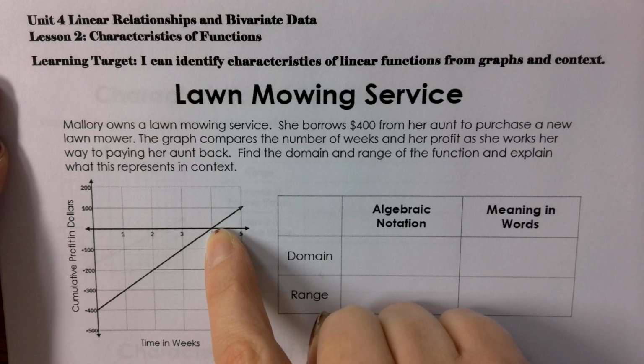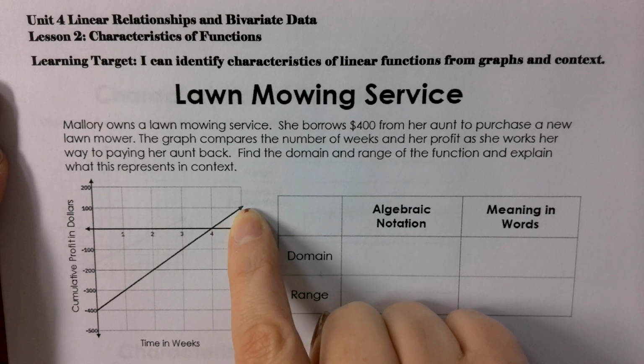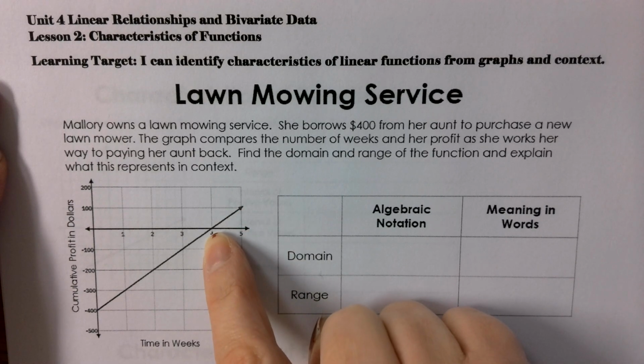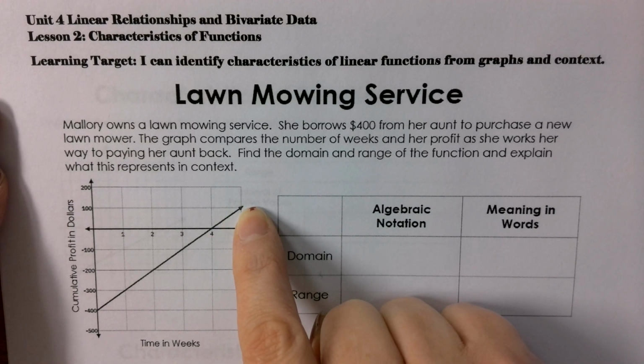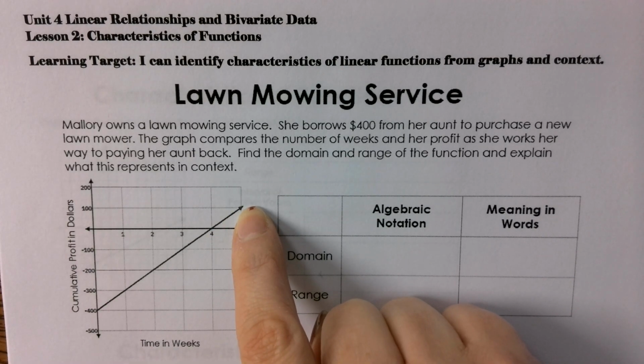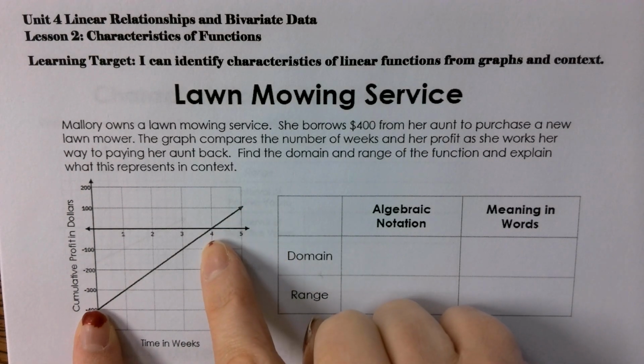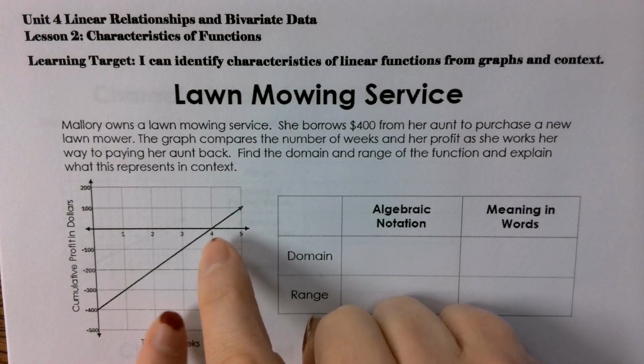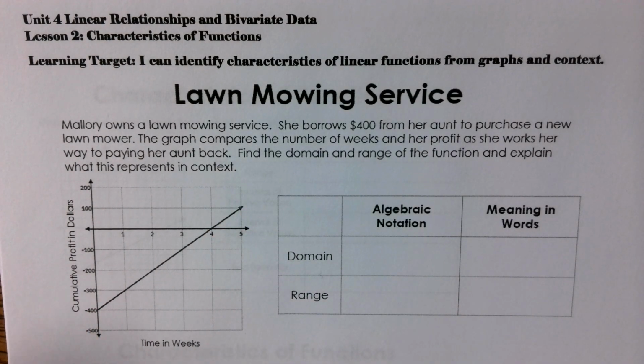At 4 weeks, we hit $0. Then after that, it continues to go above it. So that means after 4 weeks, she's now going to start earning money to keep for herself. But any money that she's earning between 0 and 4 weeks is what's being used to pay her aunt back. Okay?